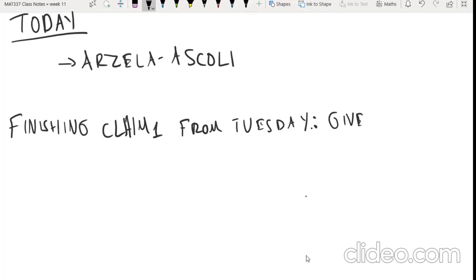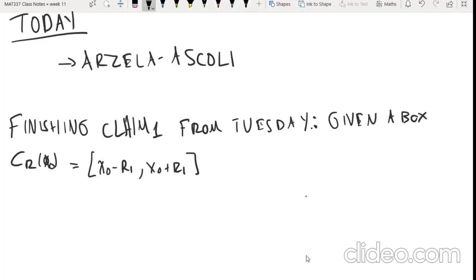Given a box, C_R at X naught, I don't know, at 0, doesn't matter. At X naught, fine. So you have some box. What does that mean? It's not minus R, D is the dimension.